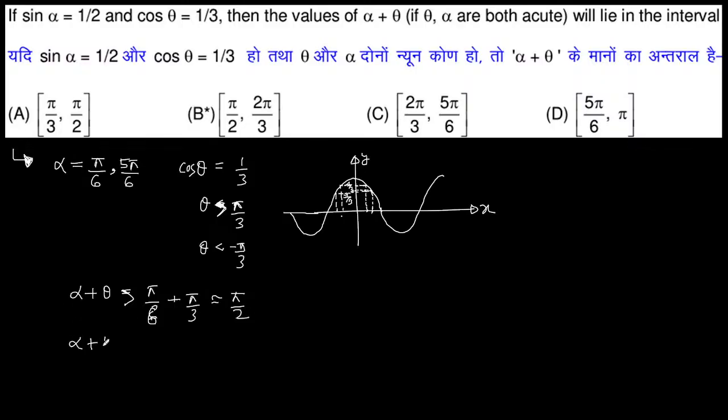Alpha plus theta is less than pi by 6 minus pi by 3, which is approximately minus pi by 6. Alpha plus theta is more than 5 pi by 6 plus pi by 3, which is approximately 210, 7 pi by 6.